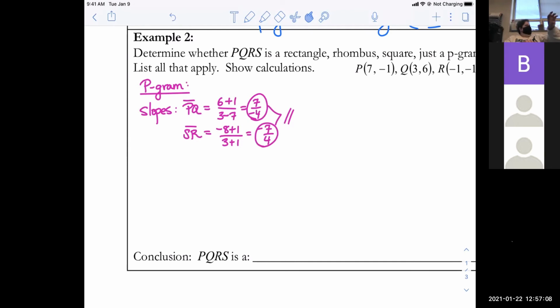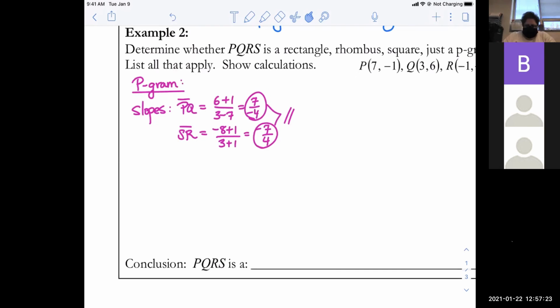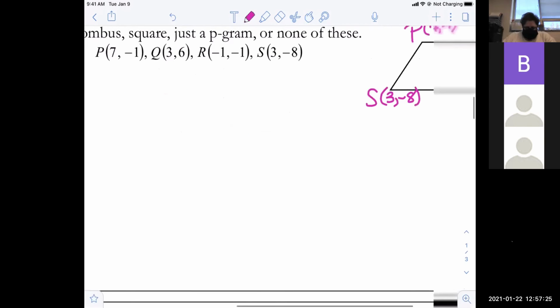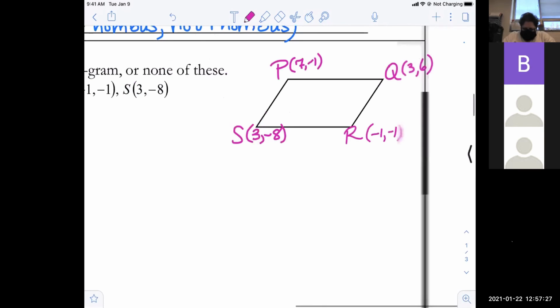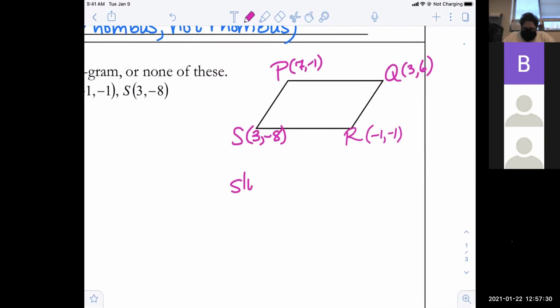After we focus on the special parallelograms here, we're also going to talk about trapezoids and kites, and then we'll do more coordinate geometry, figuring out what the shape is, including trapezoids and kites. Okay, so we need to make sure we determine if it's a parallelogram, and we're on our way, but we have not finished. So the other sides. Slopes for segment PS and segment QR.